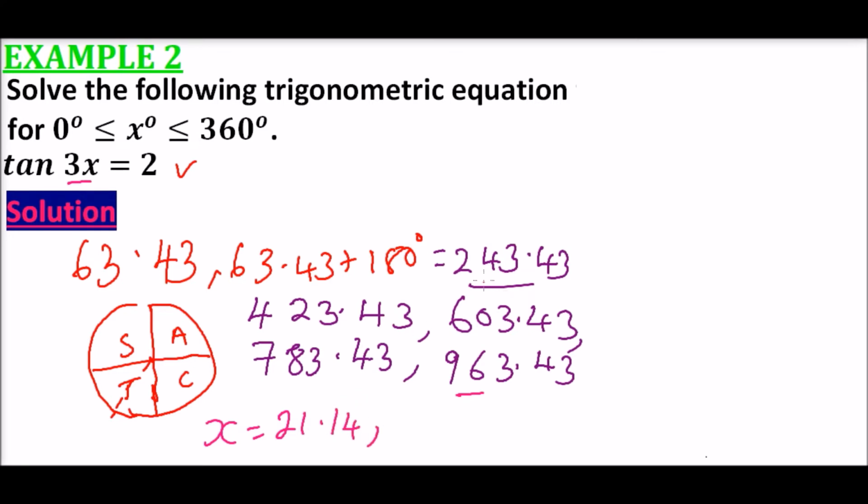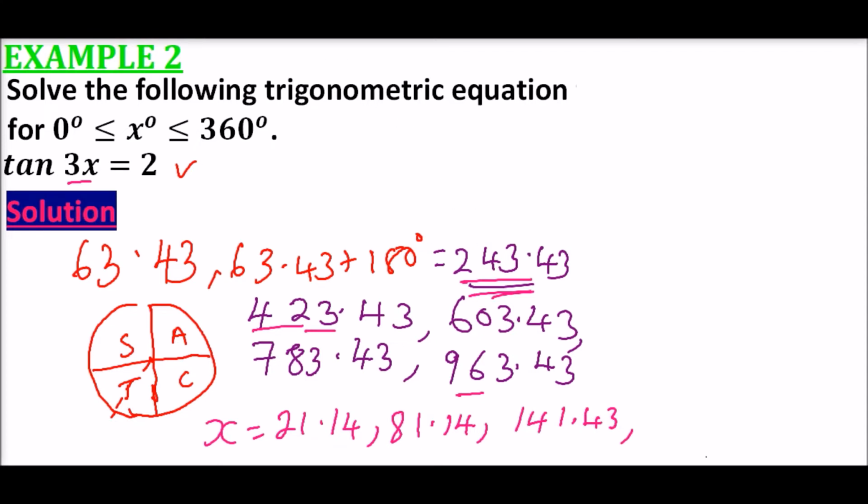You divide this angle 243 by 3, you get 81.14. You continue, you divide 423 by 3, you get 141.43.